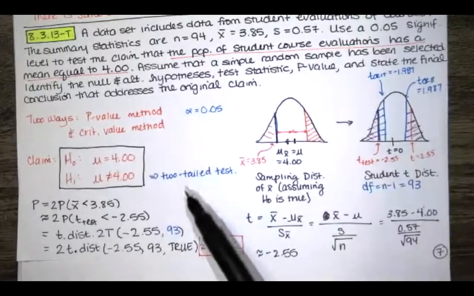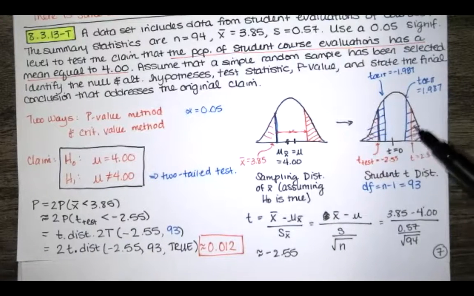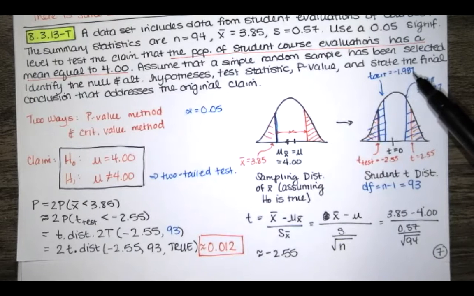So if we aren't able to compute this p-value so that we can compare this red area to this blue area, rather than comparing the red area and the blue area, comparing that alpha to the p and using that to say the red area is less than the blue area, so p is less than alpha, therefore we are going to reject the null hypothesis. Instead of doing that, what we can do is compare the critical values of t to our test statistic t.